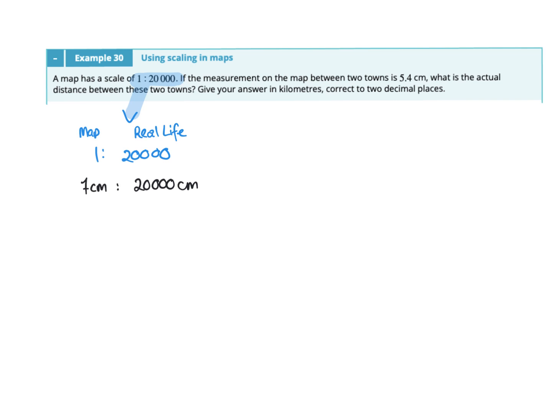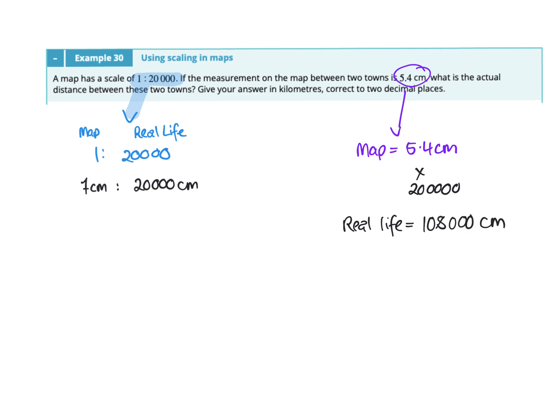On this map, the distance between the towns is 5.4 centimeters. Well, 1 centimeter is 20,000, so if we times this by 20,000, we'll know how many centimeters it is in real life. It's 108,000 centimeters.